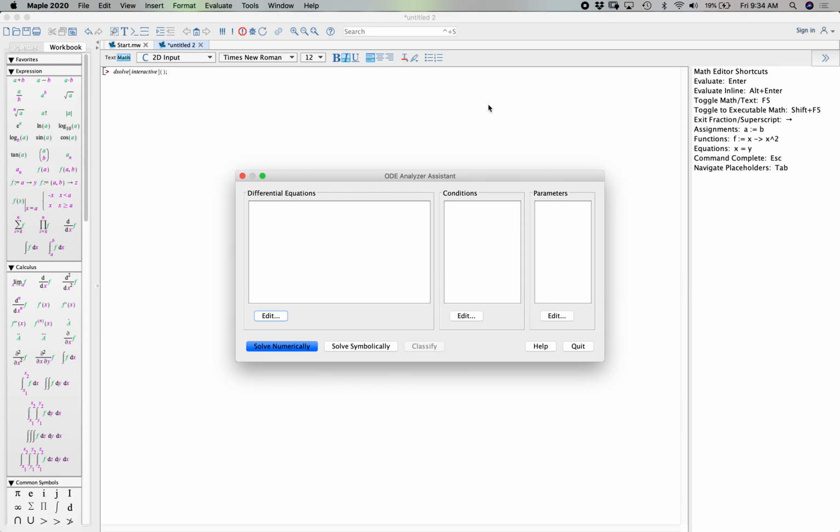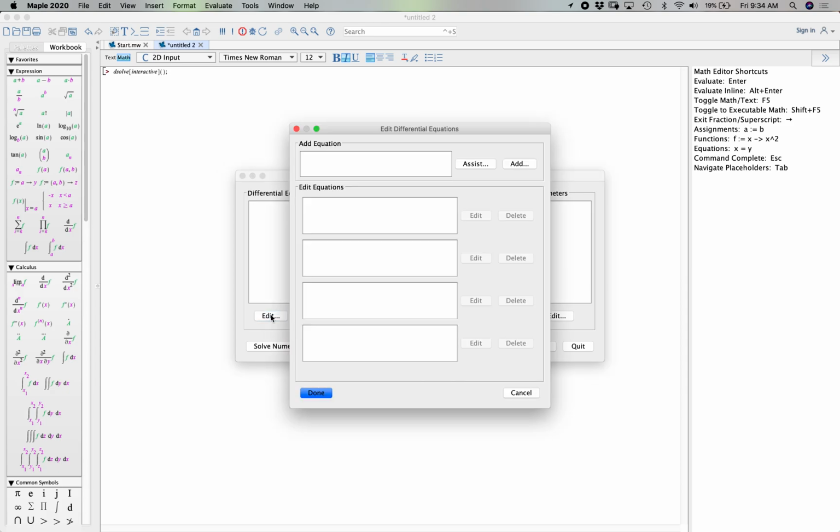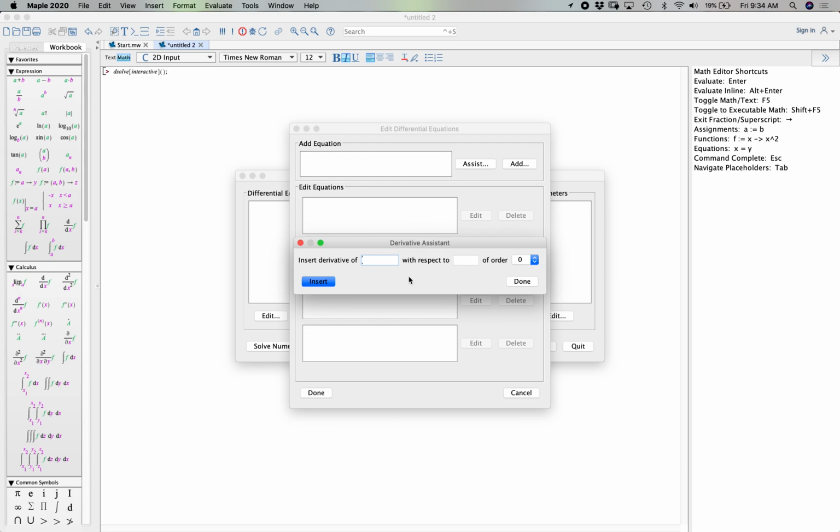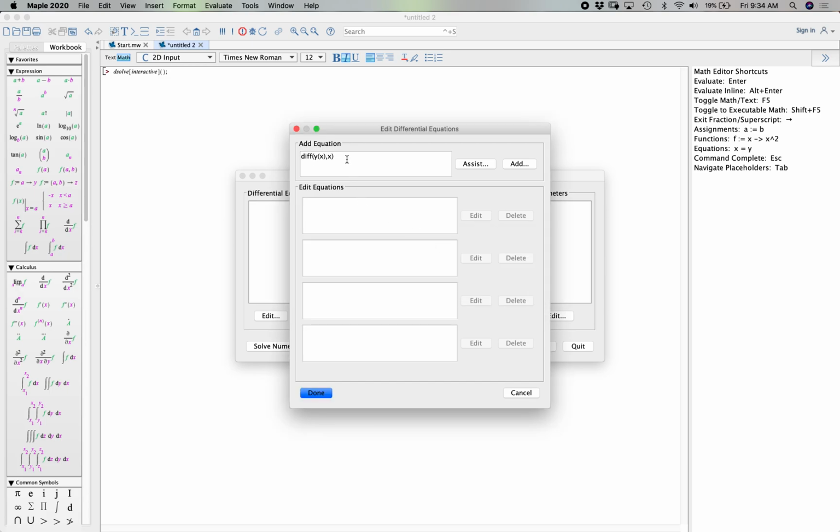And we want to plug in y prime minus 2y is equal to 0. In the table that appears, we go into Edit and then Assist. We insert the derivative of y with respect to x, which will be of first order, then insert, and click Done.